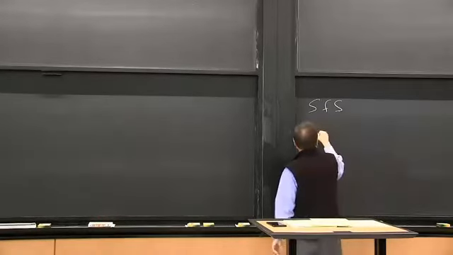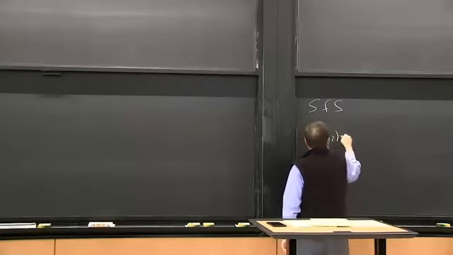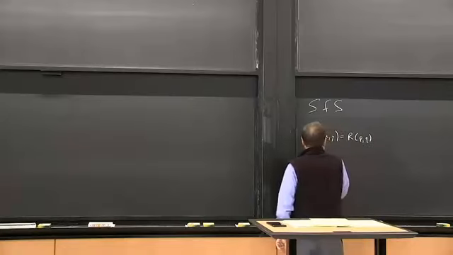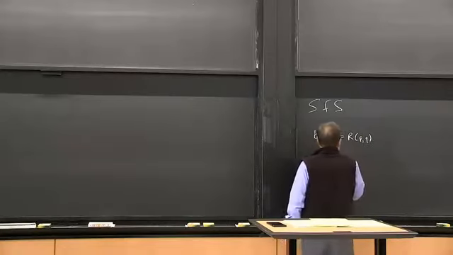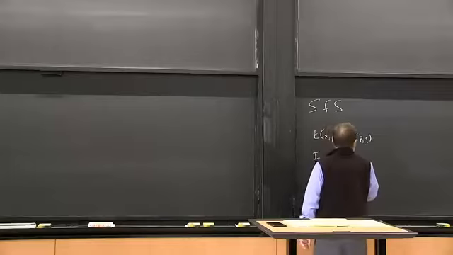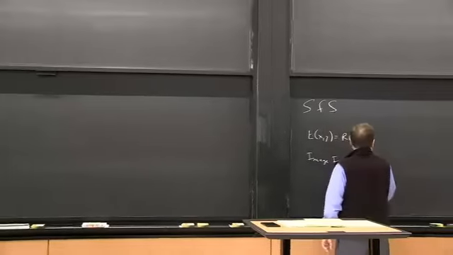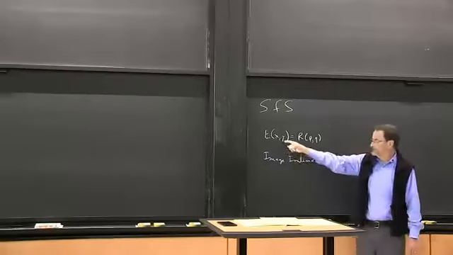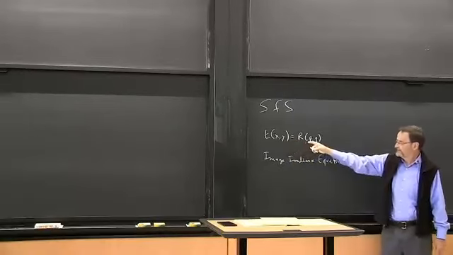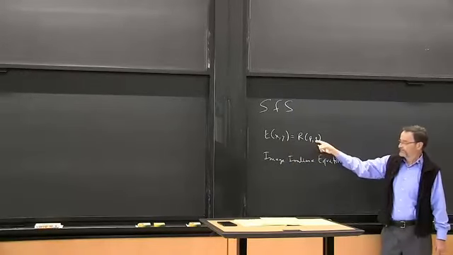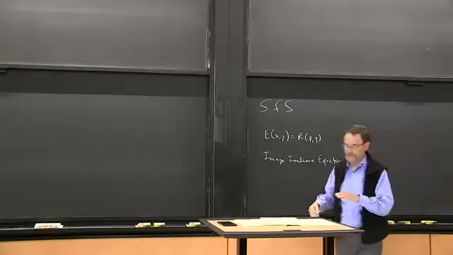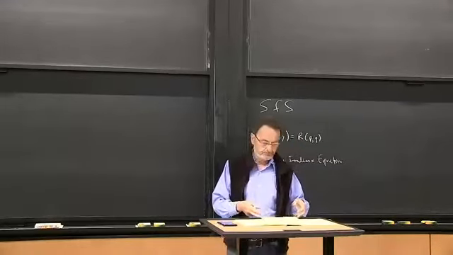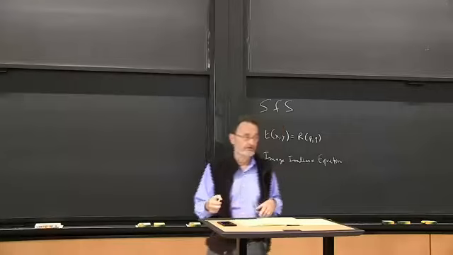And at the core of all of it is the image irradiance equation. Which basically says the brightness at some point in the image is the reflectance map corresponding to that surface orientation. So here we're focusing on the dependence of brightness on surface orientation.